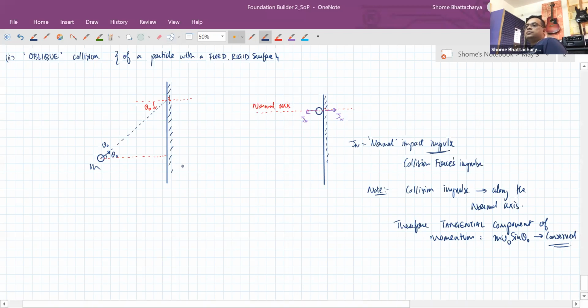So as a result of that, just before impact, when the particle is here, it has a momentum in this direction, which you can break into the two components. Okay, so this is the normal component, and this is the tangential component.